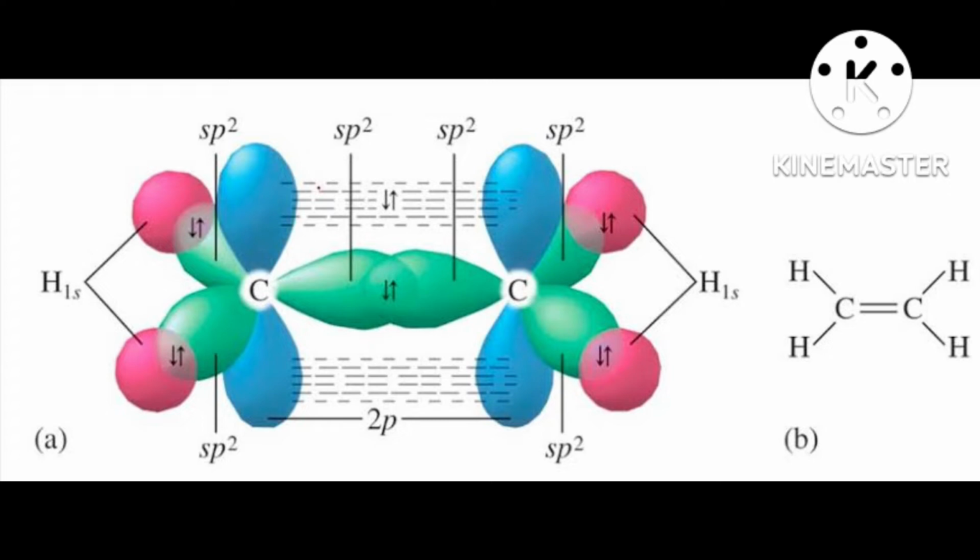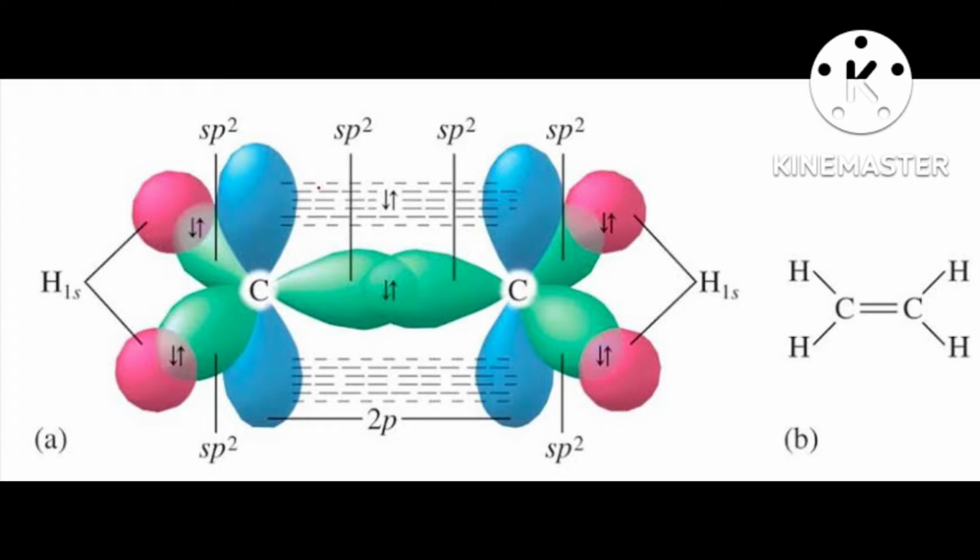Now everywhere there is only one electron: in 2s1, 2px1, 2py1, 2pz1. Now all 4 orbitals are unpaired.